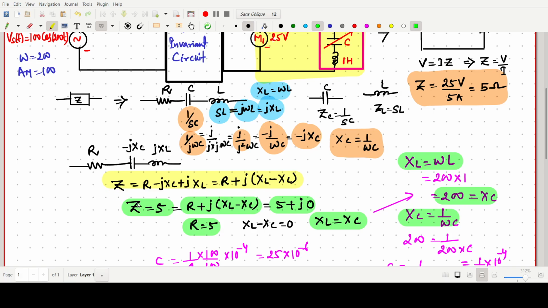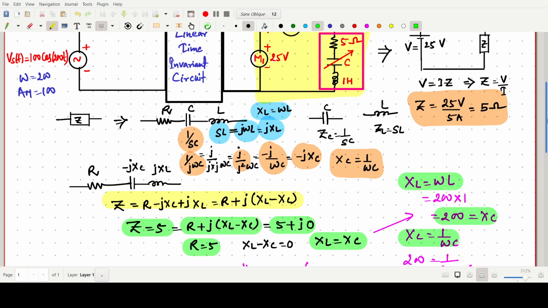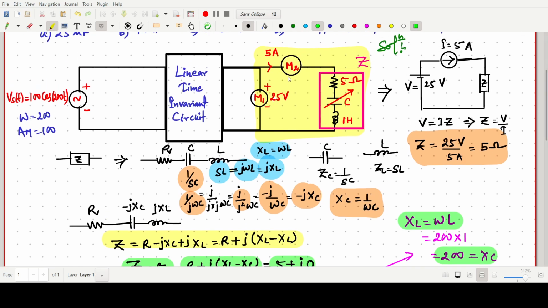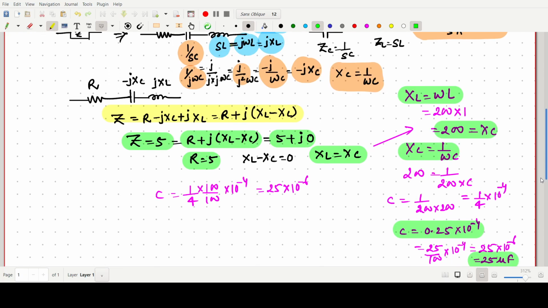So this value is 5. Okay. Because the voltage is 25 volt, current is 5 ampere, so the overall impedance will be 5. So XL minus XC will be 0, only the resistive part will be there. So then we can find the particular value of C, which for this case will be 25 microfarad that we have found.